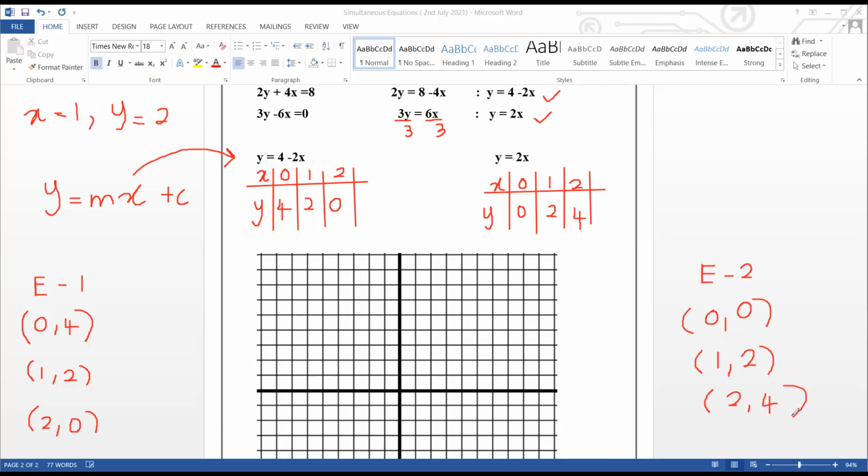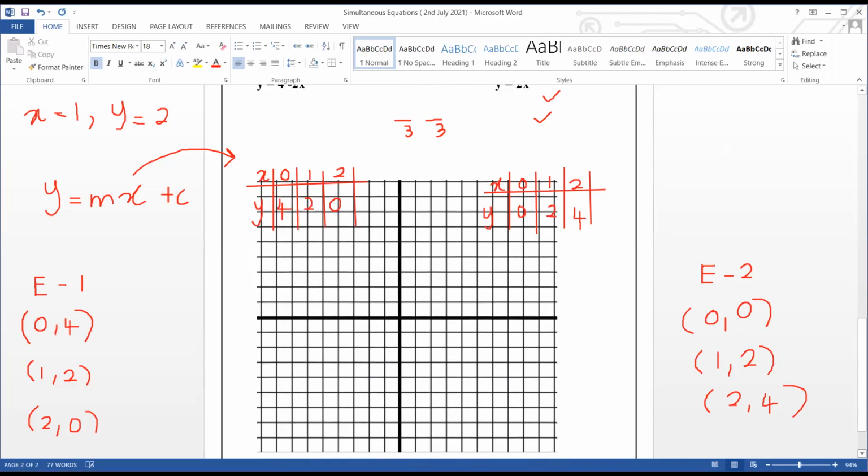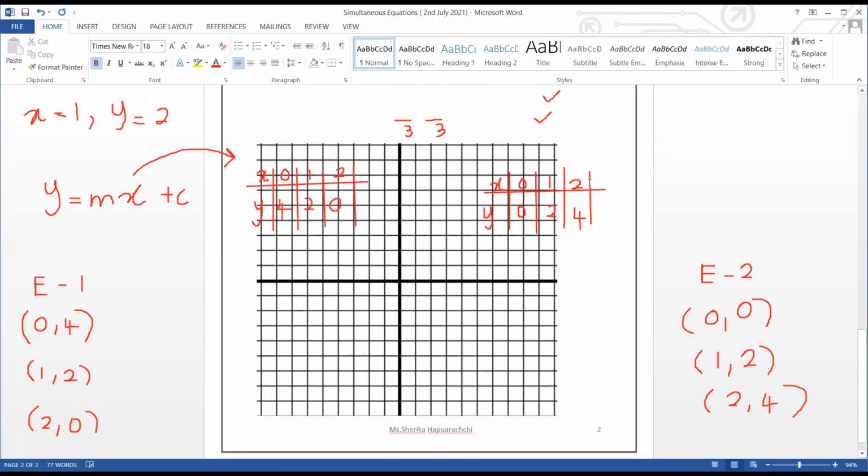Now I'm going to draw this. Right. Now when I'm going to plot these points, the first thing is I have to identify my coordinates, and according to that I can mark it.